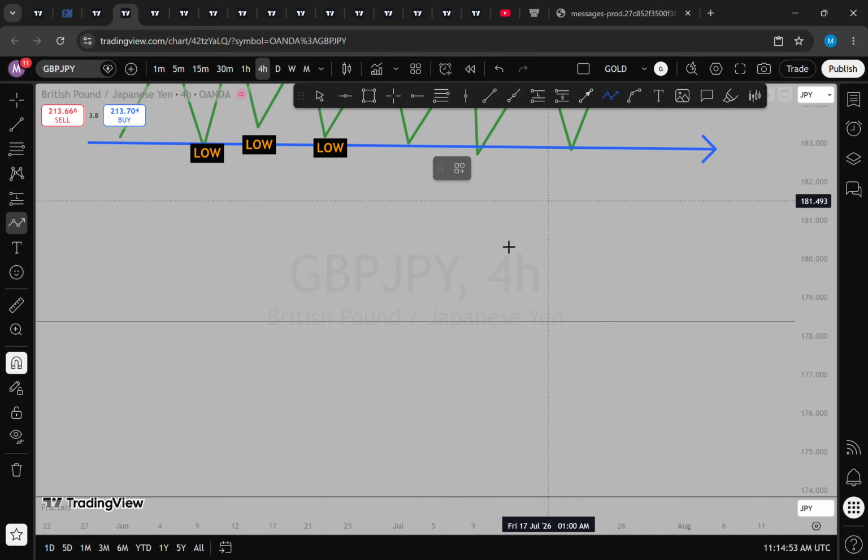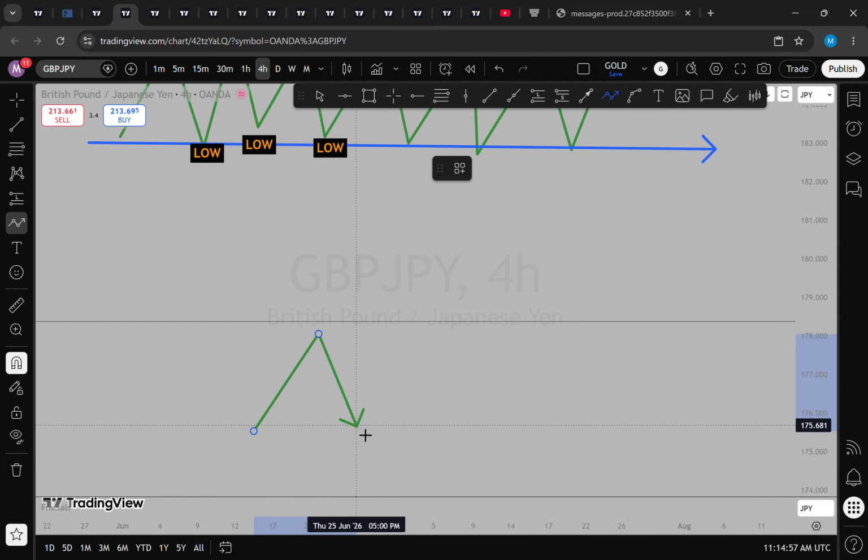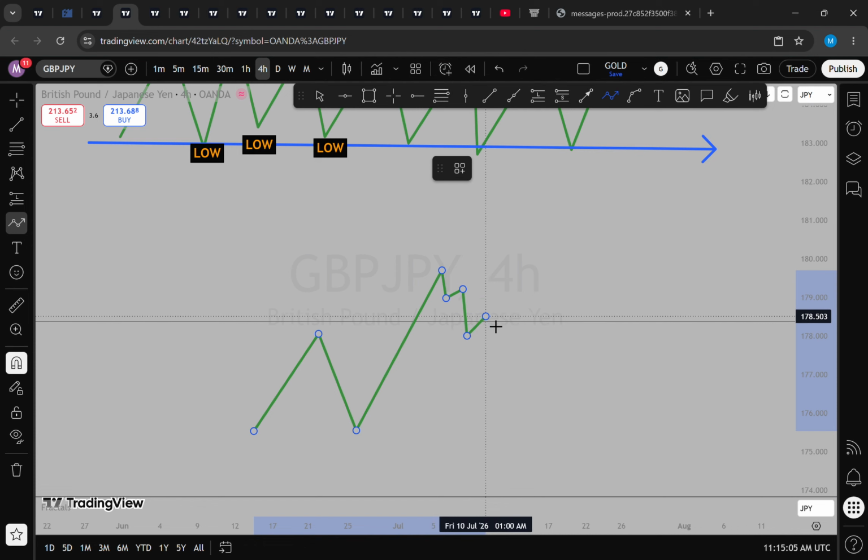I said when structure is newly broken, you will be expecting a retracement back into the zone, be it supply zone or demand zone, as the case may be.